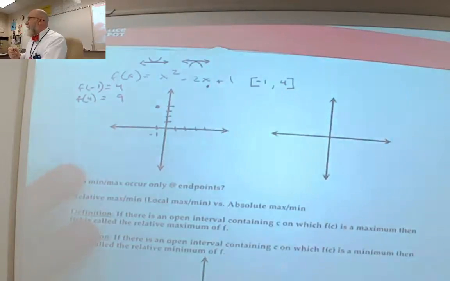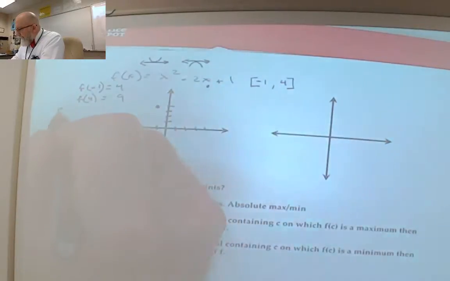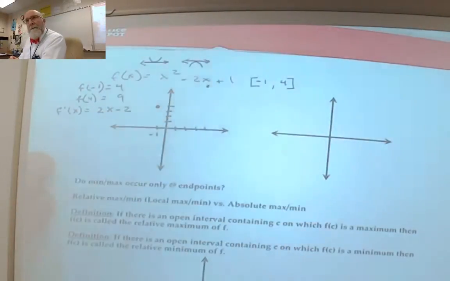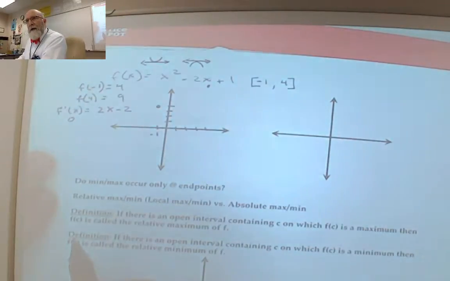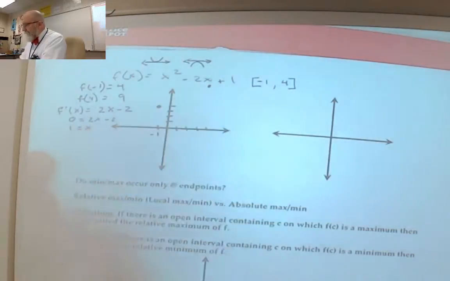Carter, that slope is what? 0. So what I'm going to do is compute the derivative of my function, and I'm going to get 2x minus 2. And I'm going to let that equal 0, because the slope of the horizontal tangent line is 0. And if I solve for that, I'm going to get that x is equal to 1.